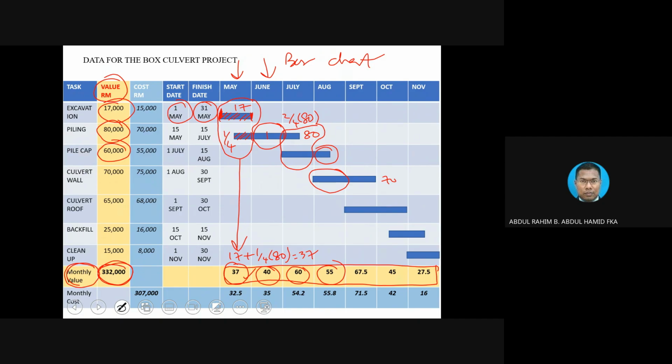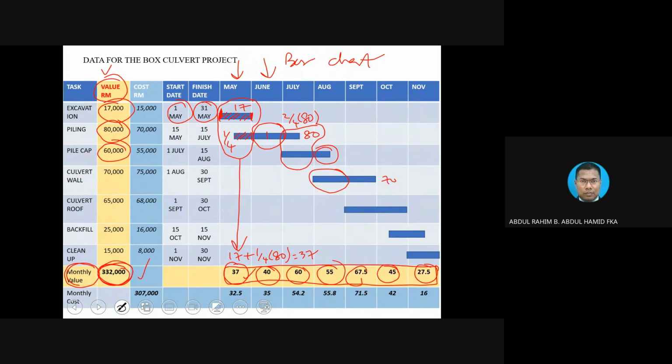So you need to add up the amount according to the length of the bar, so that you get this amount. When you add back, you should get 332. This is a big check. Now you already completed the monthly value, based on this column.